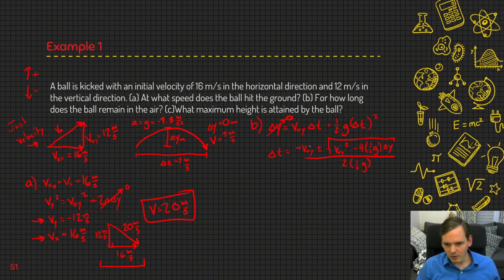So we'll check it: negative b, great, plus or minus the square root of b squared minus 4 times a times c, divided by 2a.